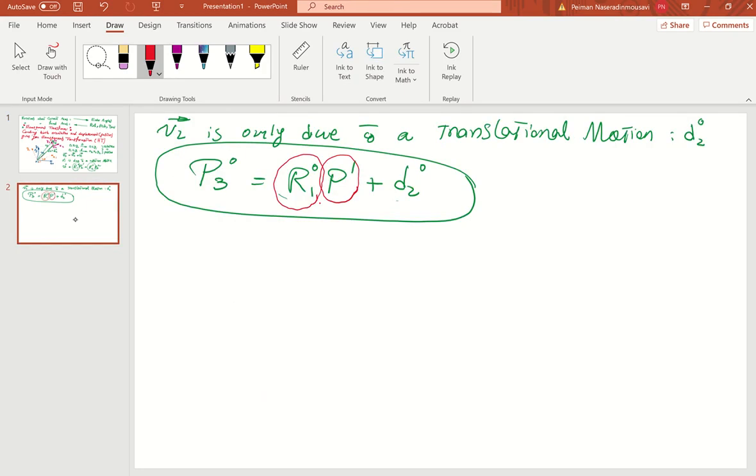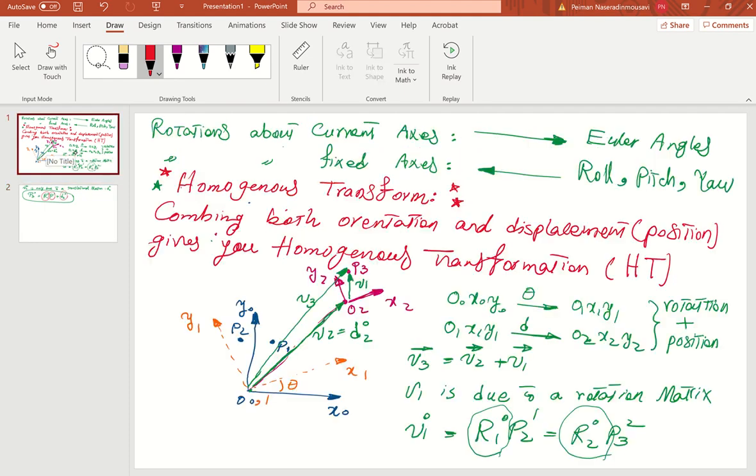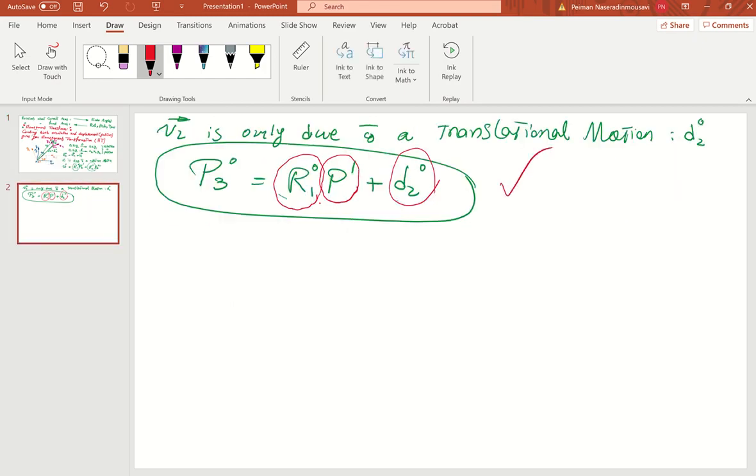Then we are transferring everything by this distance. Here we go. Simply means that, and this is completely right. Understand? So this part is orientation, and this part is displacement, or translational motion.